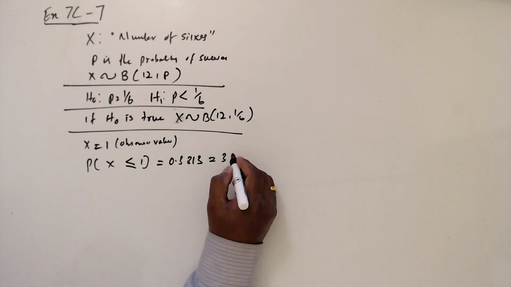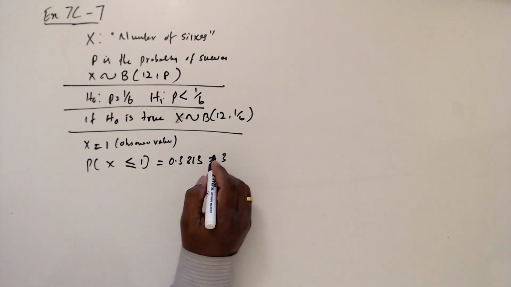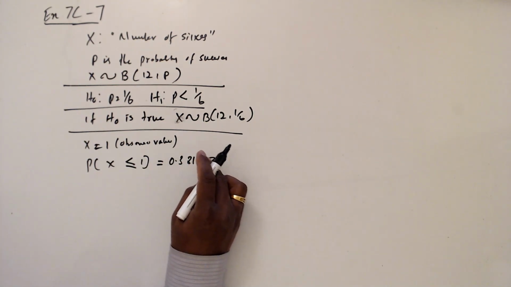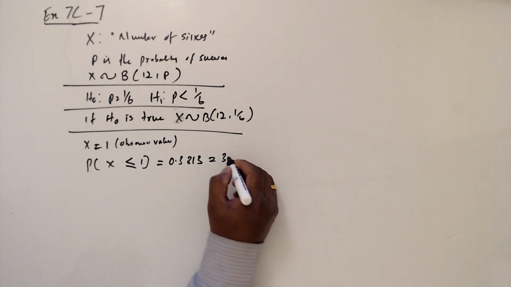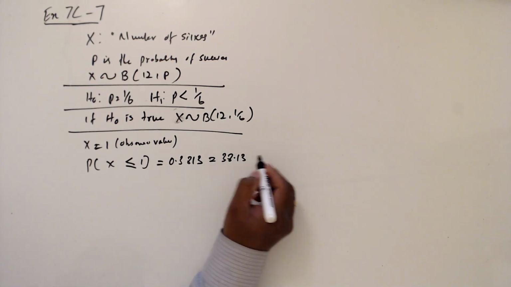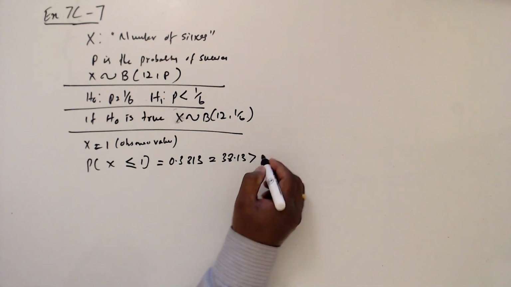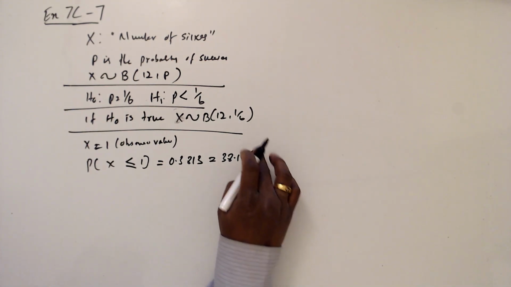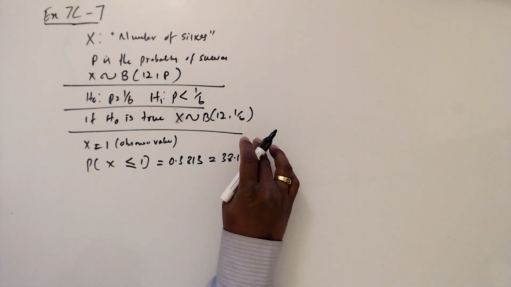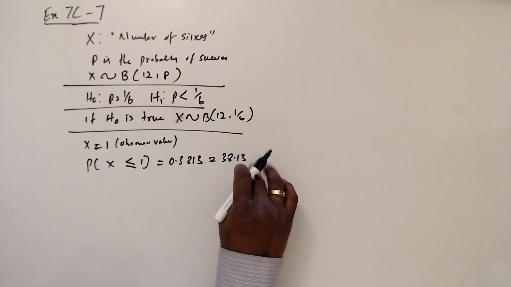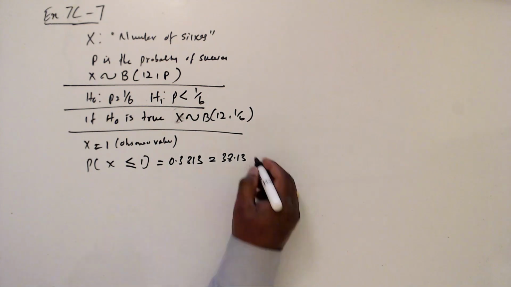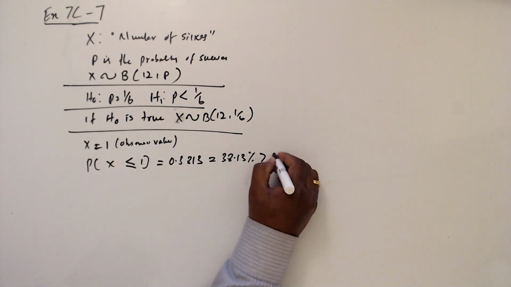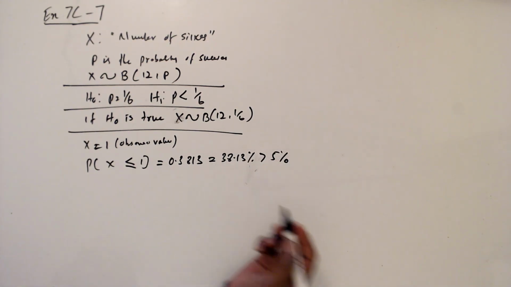So this is 38.13% as a percentage, which is greater than 5%.